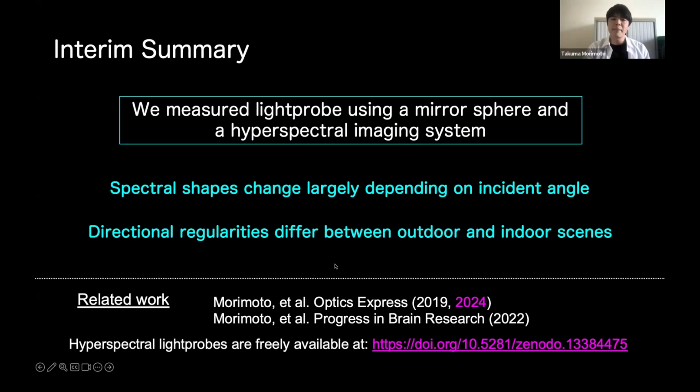I also wanted to say that all these hyperspectral light probes are freely available in a Zenodo repository. If you look at this 2024 paper, this link is presented there.